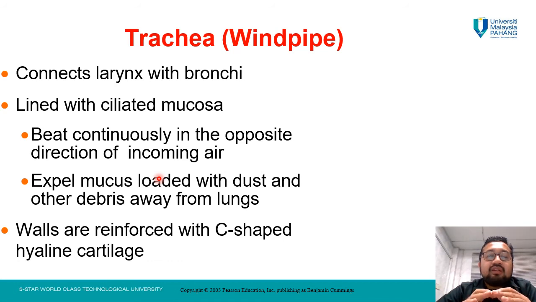Once dust, debris or any microorganism enters the lung, we will get pneumonitis or pneumonia, a more severe complication, because when the lung is infected, the respiratory function, the breathing system, will be affected as well.